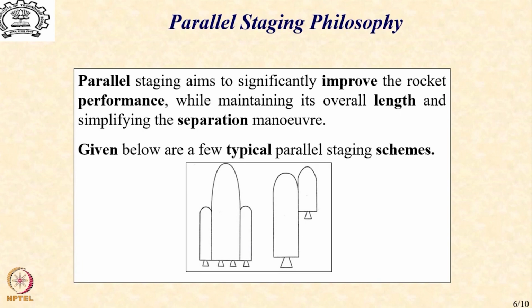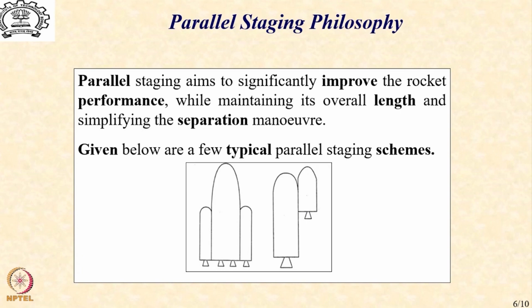You can clearly see that if and when I want to get rid of the parallel stage, there is a possibility that I may restart the next stage without having to wait for the completion of the previous stage.